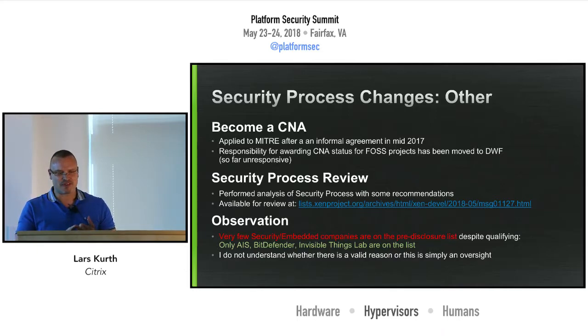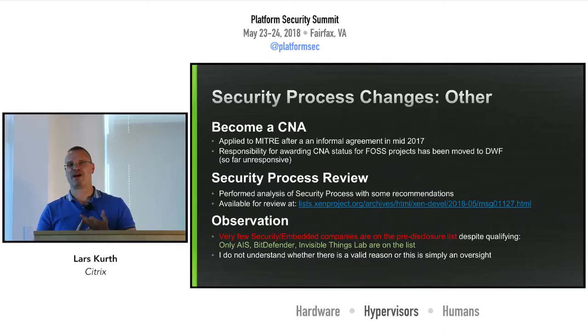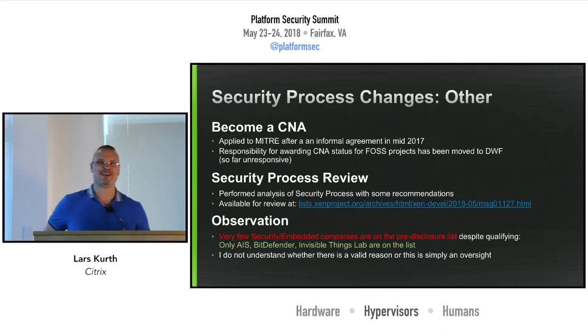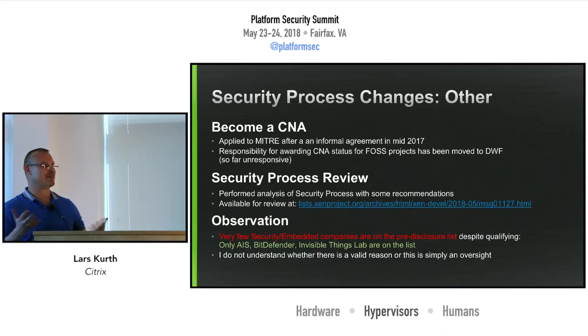We had an in-principle agreement with MITRE in the middle of last year to become a CVE numbering authority. But since then, the rules have changed, and MITRE doesn't award that anymore to open source projects. This has been moved to DWF, and we don't really know who in that organization is responsible, and we're sort of stuck on that. So maybe somebody can help us there.